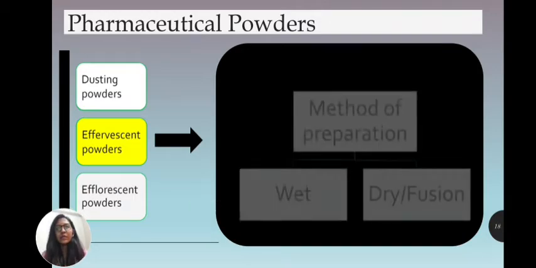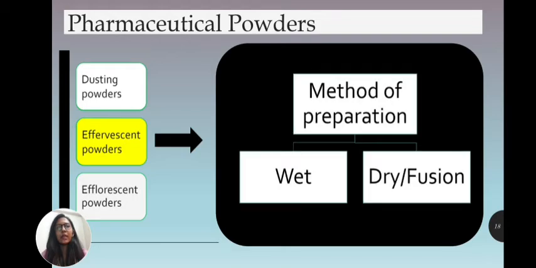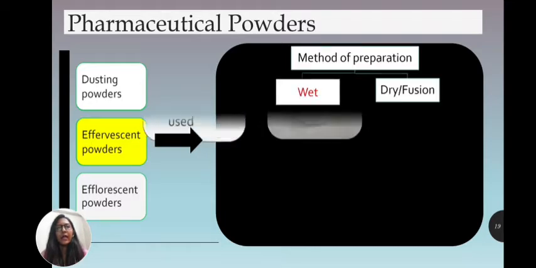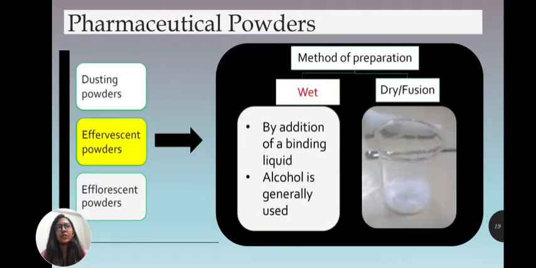Now we move towards its method of preparation. There are two methods: first is the wet method and second is the dry or fusion method. In the wet method, the source of binding agent is not the water of crystallization from the citric acid but the water added to the alcohol as the moistening agent, forming a pliable mass for granulation.